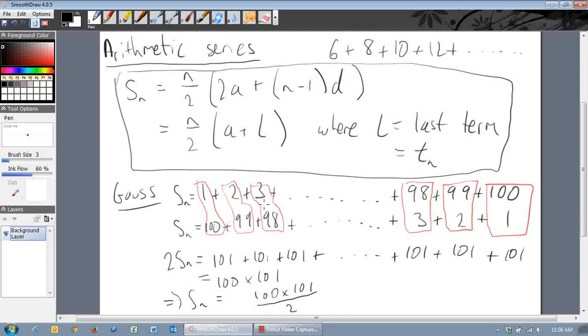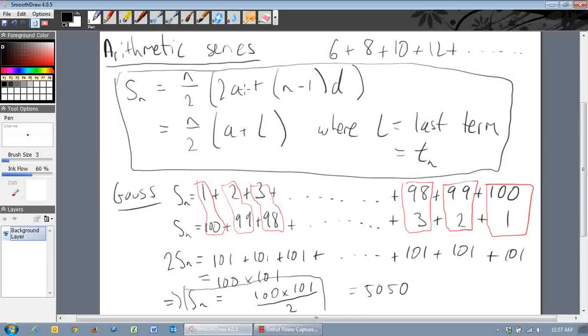That's how Gauss actually figured this out in primary school. I'm not going to work that out by the way. I guess I could. 50 times 101, so that would be 5050, I think. Yeah. Please correct me if I got that wrong.